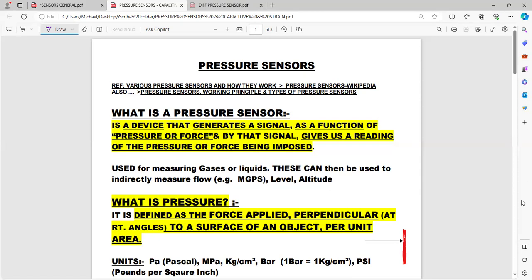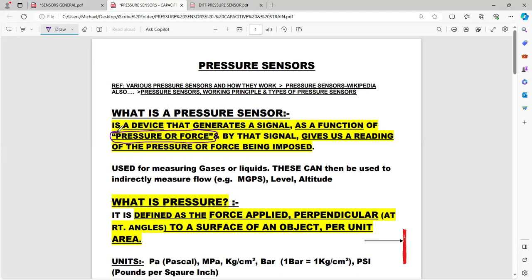So we saw the definition of a sensor. So what is a pressure sensor then? Once again, it's a device that is going to be generating an electrical signal as a function of a physical parameter. And what is that physical parameter? That particular physical parameter is going to be either pressure or also called force.